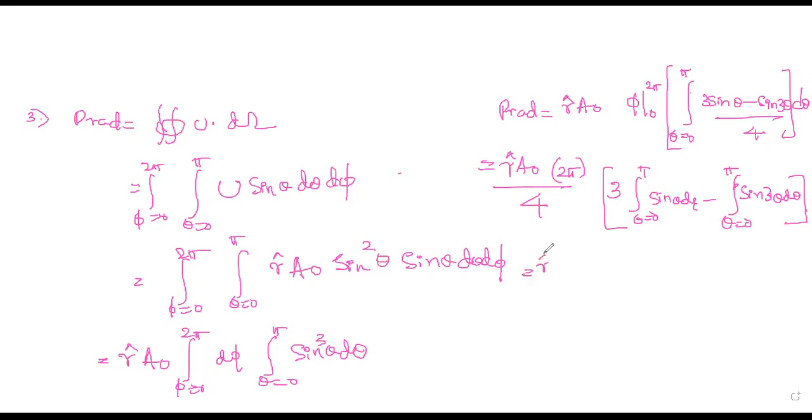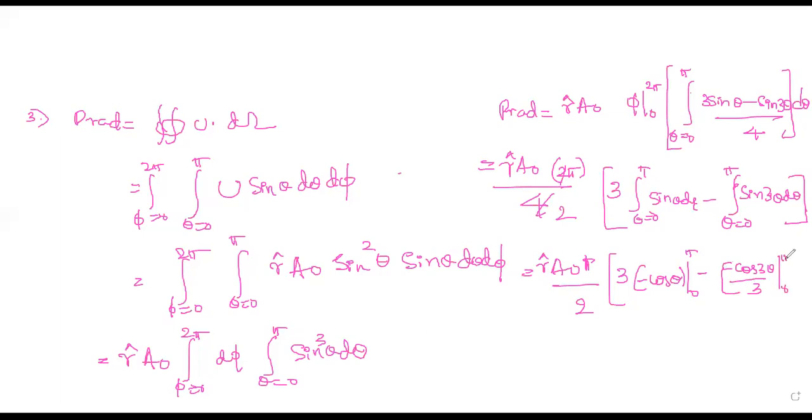So this is r cap a naught. You can cancel this 2. That's pi by 2. And now the integration of sine theta is minus cos theta. Apply the limit 0 to pi. Minus sine 3 theta will be again minus cos 3 theta by 3.